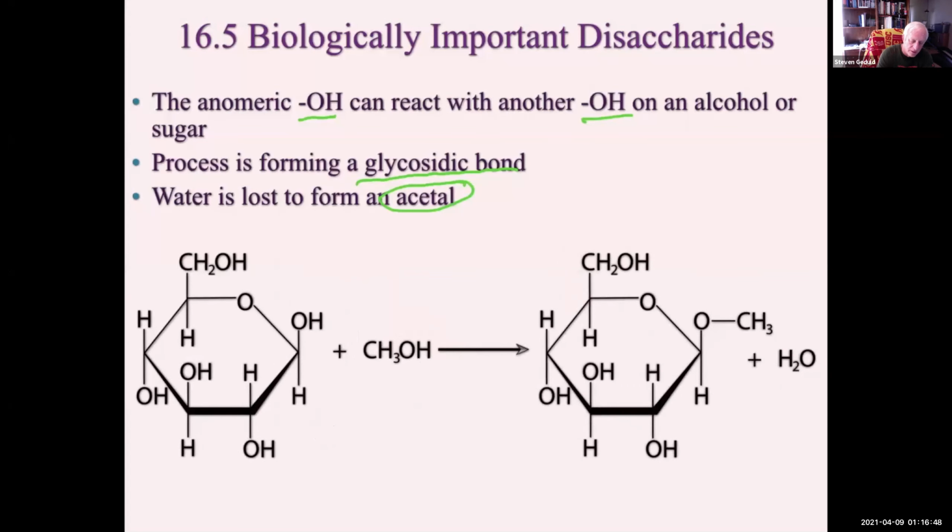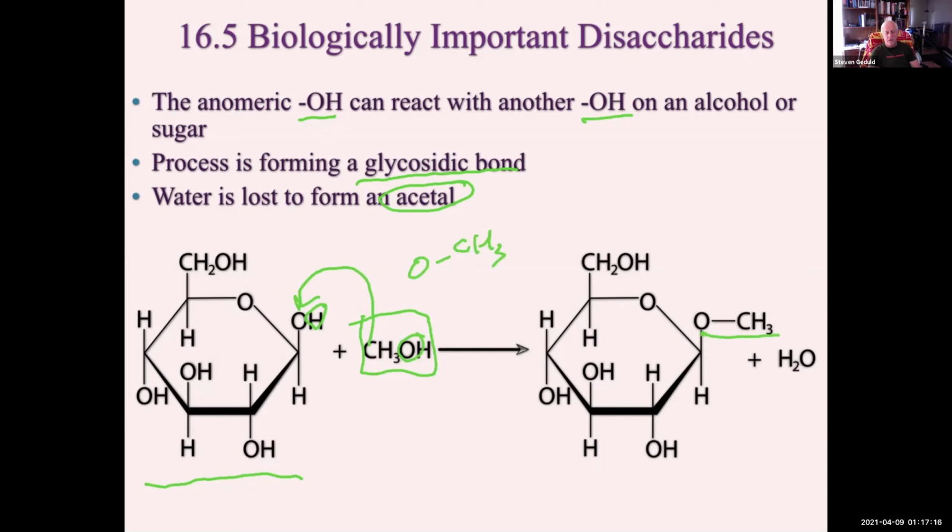Okay. So here's our sugar on this side right here. Okay. This is an alcohol. The alcohol can bind by a dehydration reaction. So this carbon can combine with this oxygen, and we lose H and OH, and we end up with OCH3, which is right here.